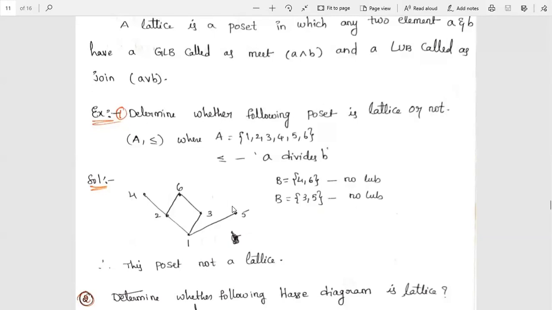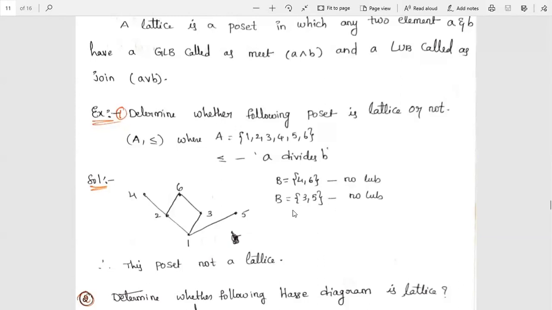So these two pairs of the given poset do not have any common upper bound or least upper bound. From this we say this poset is not a lattice, because these two pairs do not have a least upper bound.